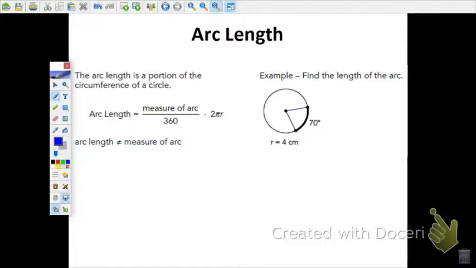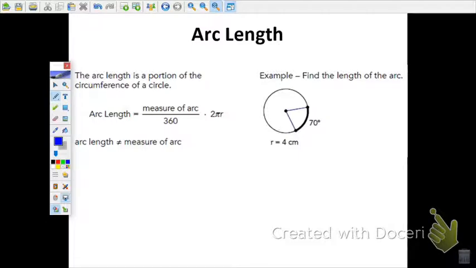The measure of the arc was the same as the degrees of the central angle. Now we're working with arc length. Arc length is the top piece on the 4th page in your interactive notebook. Okay? So arc length is different than the measure of an arc.